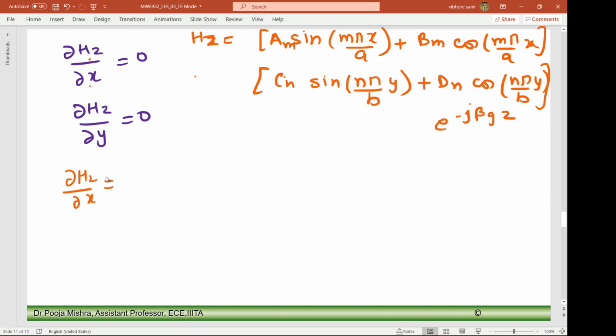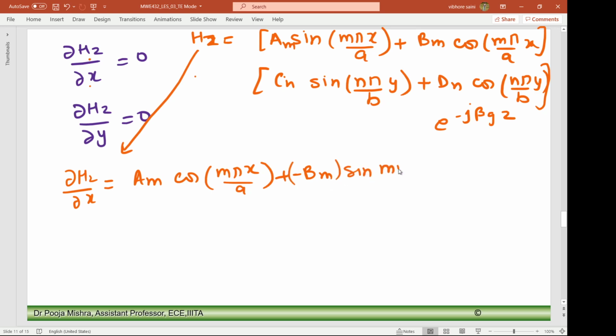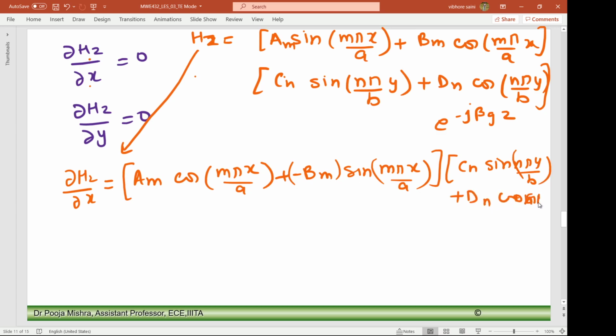If we differentiate this equation with respect to x, we'll get Am cos m pi x by a plus Bm, actually minus will come, sin m pi x by a, with respect to x, and this equation Cn sin n pi y by b plus Dn cos n pi y by b, exponential minus j beta g z.